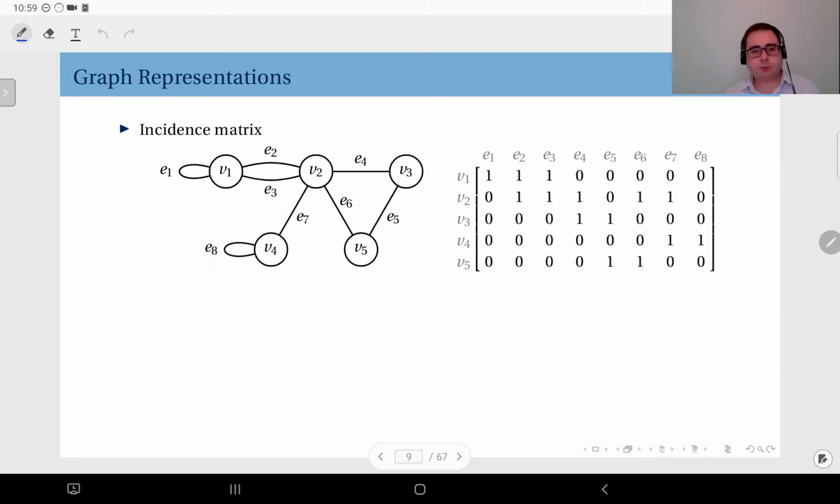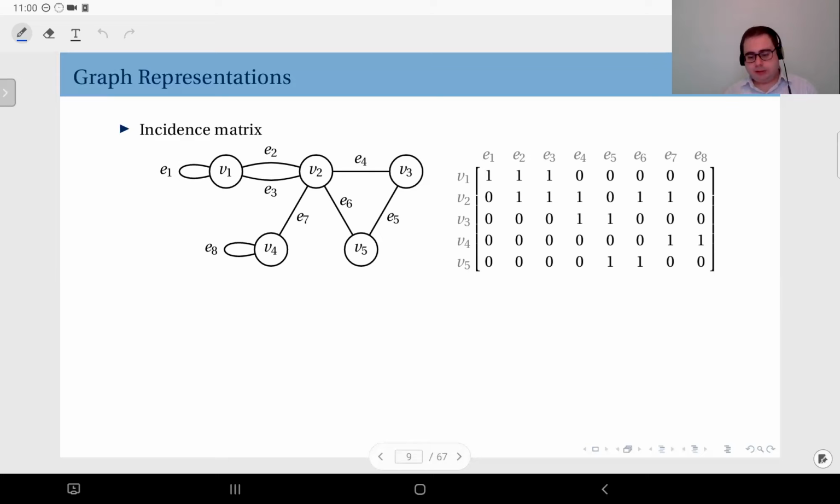which brings us to the final way to represent a graph. And this is the incidence matrix. Here, again, this is a matrix, but it's not a square matrix because now in adjacency matrices, both the rows and the columns represent vertices, but in incidence matrices, the rows represent vertices, but the columns represent edges.